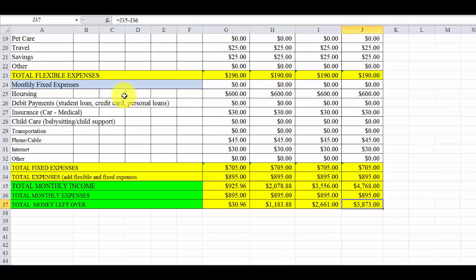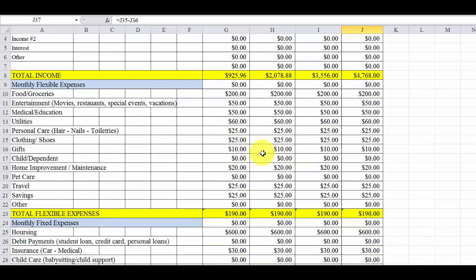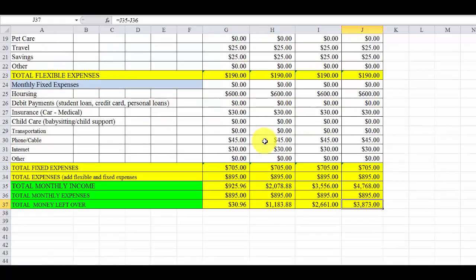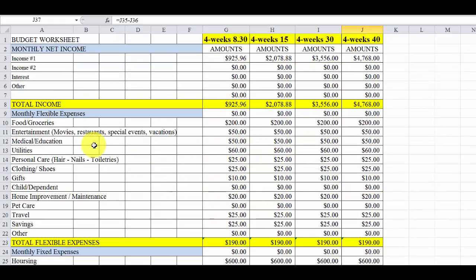Because it says here housing is $600, and we put the same price all the way across because we want to compare, right? So everything is the same all the way across for everything we've done, so you can compare to see how much. Now, in reality, you might have something else. For example, clothing and shoes, I said 25. You might say, hey, that's 30. Gifts is 10.